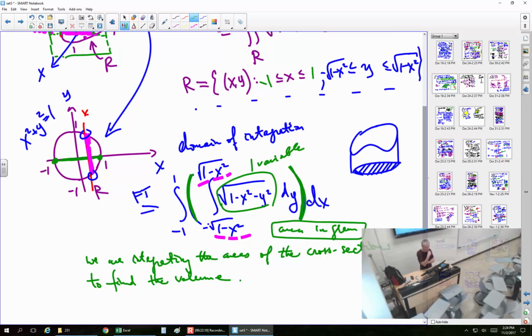Is it called volume of revolutions? Well, volume of revolution would be one, and I think what you might be referring to is the volume of a cylinder, right? You can't really find the volume of a cylinder using anything else but some kind of double integration.